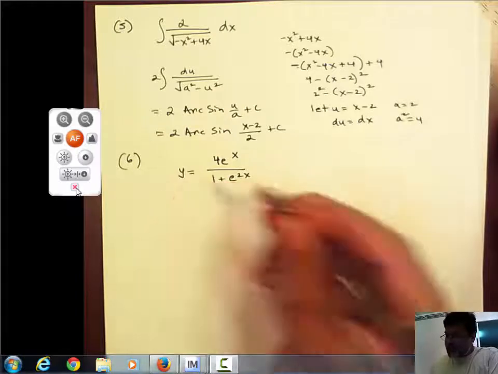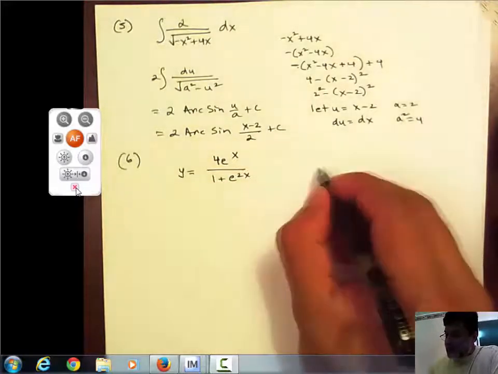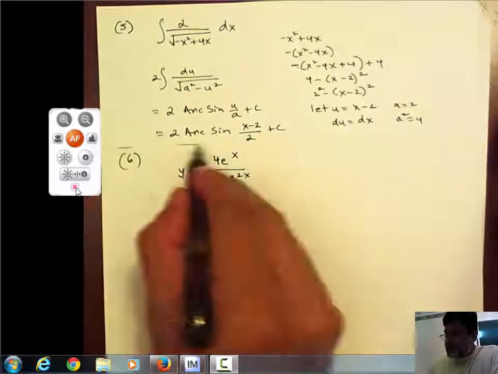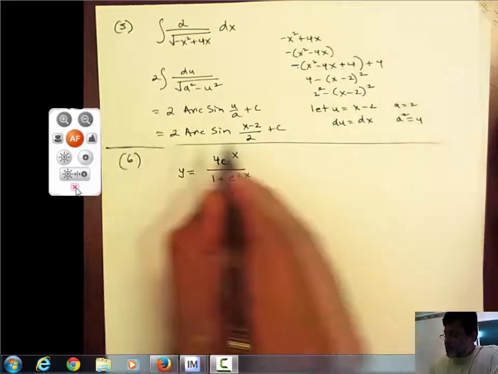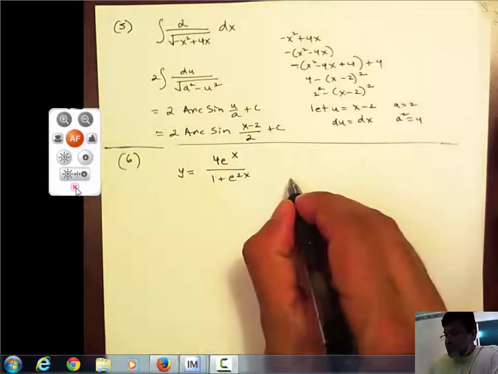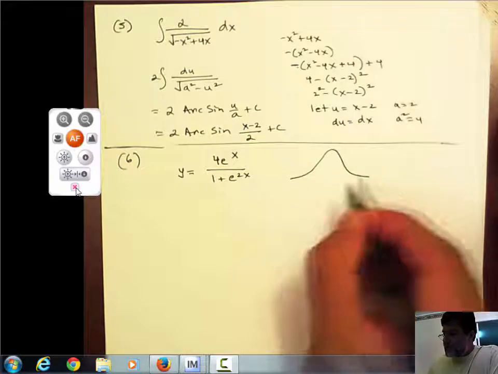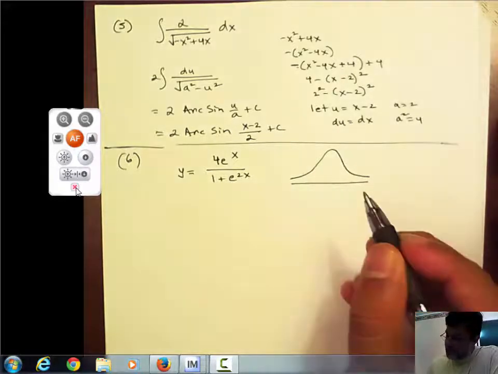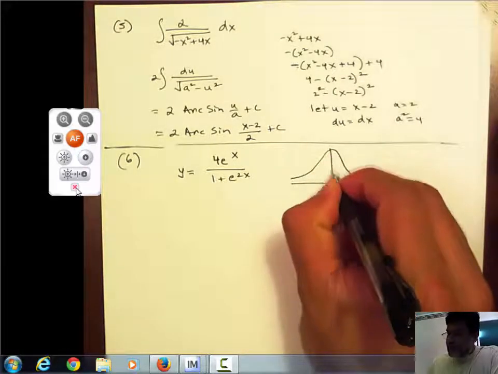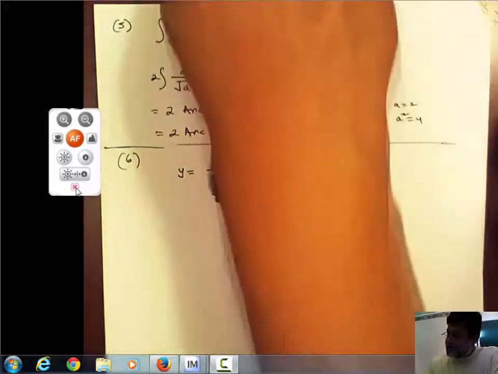This is the function of y, and here's my region. And it's shaded in.